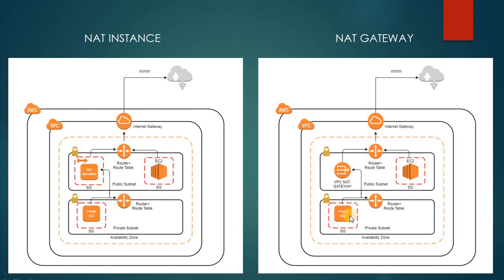So in the next class we will create a NAT gateway, and after the NAT gateway we're going to create a NAT instance. The NAT gateway is completely managed by AWS, and NAT instances need to be managed by ourselves.